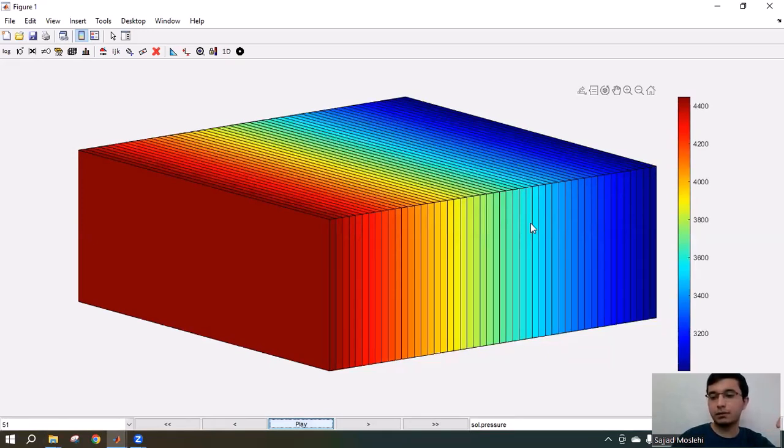All right, the fluid flow regime has become steady state. At the beginning we had the flow regime of unsteady state, but after a while the flow regime becomes steady state. Wonderful.